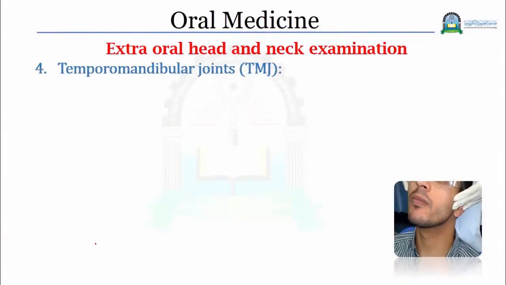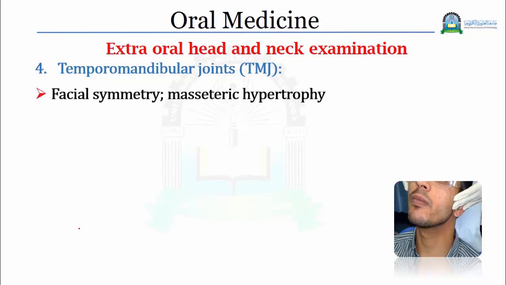Number 4, temporomandibular joint examination. We're still talking about the extraoral head and neck examination. Temporomandibular joint, facial symmetry: if there is any growth or underdevelopment in one of the condyles, there is facial asymmetry.